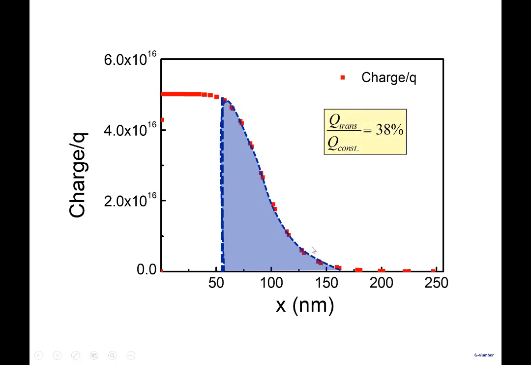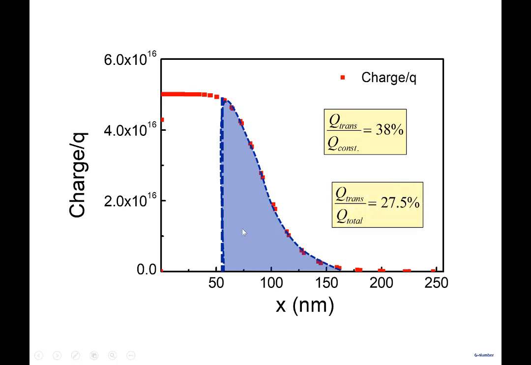How much is this charge? If I calculate the amount of charge here versus the total charge here, it turns out that you're neglecting 38% of the charge. Q transition versus Q constant, 38% of the charge. So if you say that I'm neglecting the transition region, you're neglecting 38% of the charge. All right?